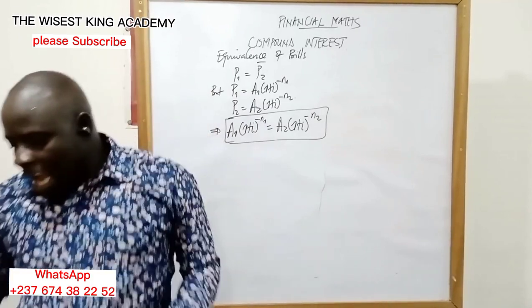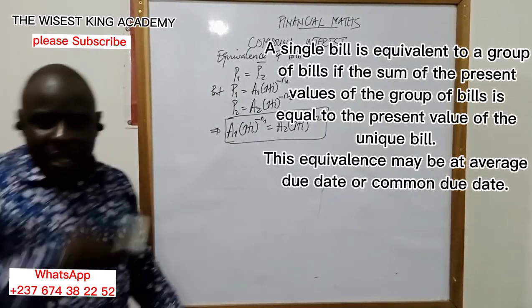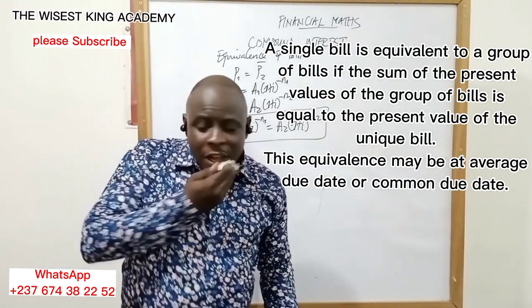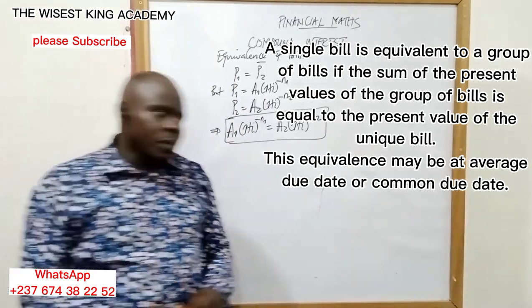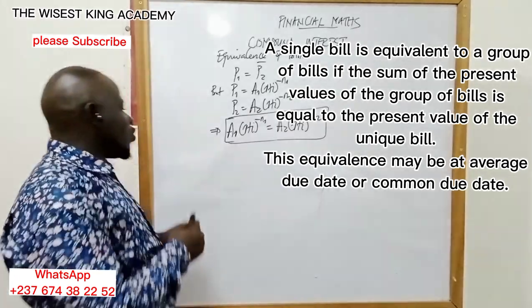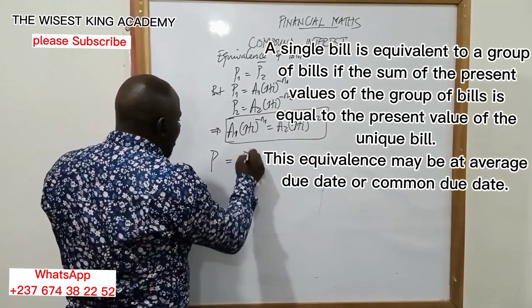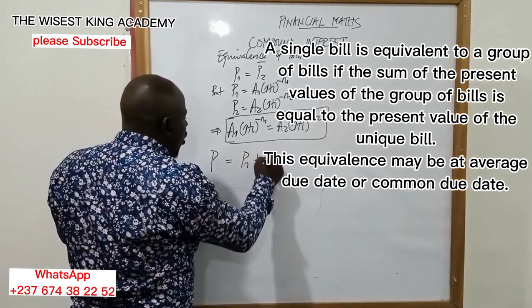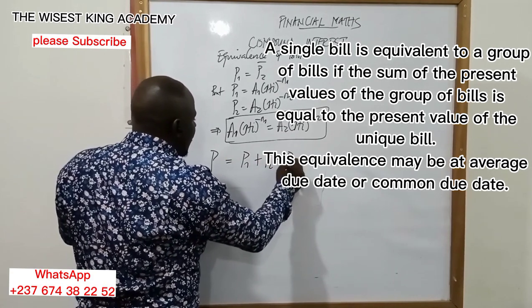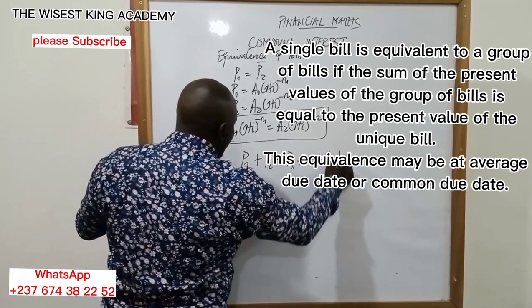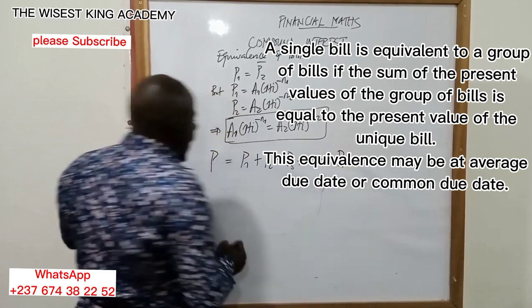Now, a single bill may be equivalent to a number of bills, a group of bills. For that, the present value of the single bill P must be equivalent to the sum of the present values of the other bills Pk.